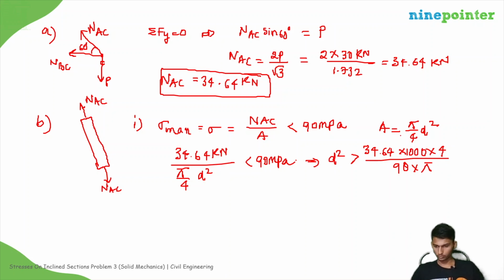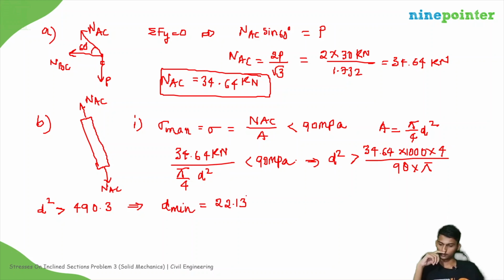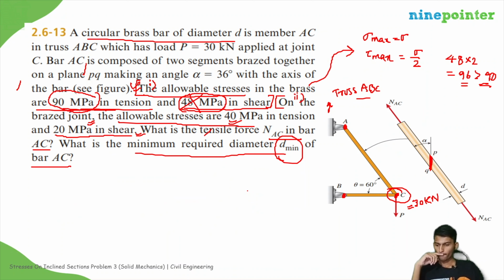So we get d square greater than or equal to 490.3. Then d minimum will be the square root of 490, that will be 22.13 mm.